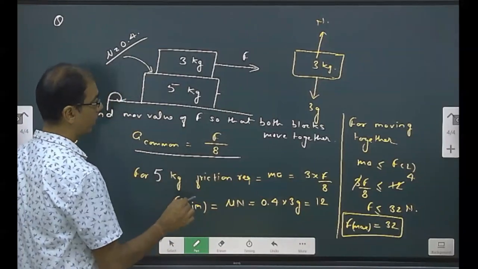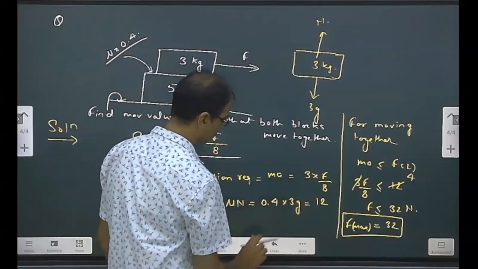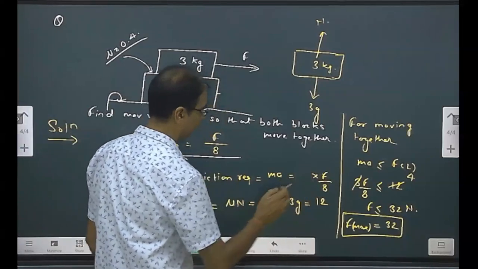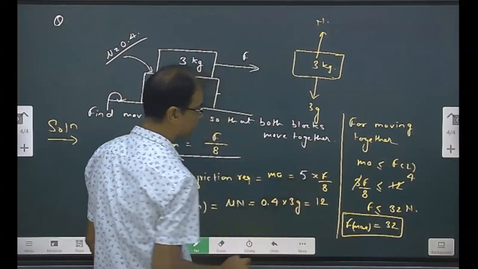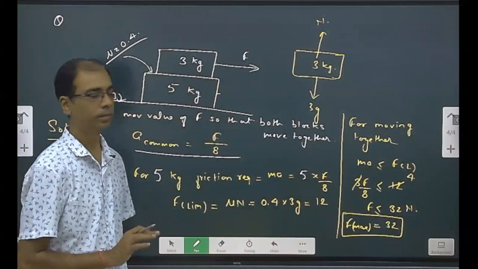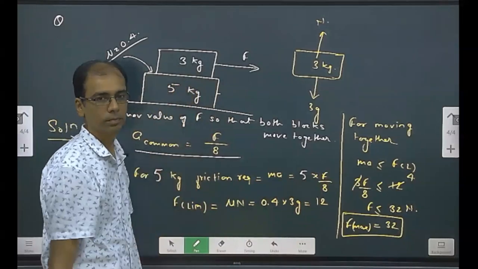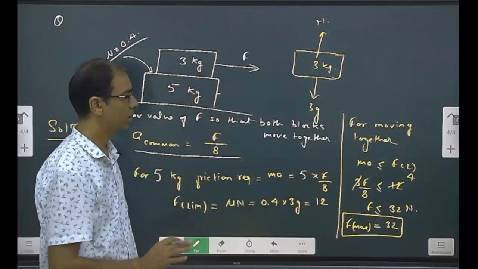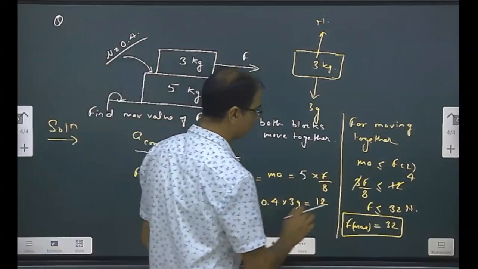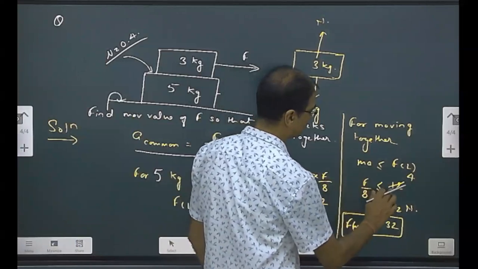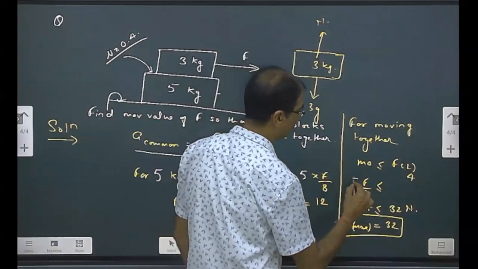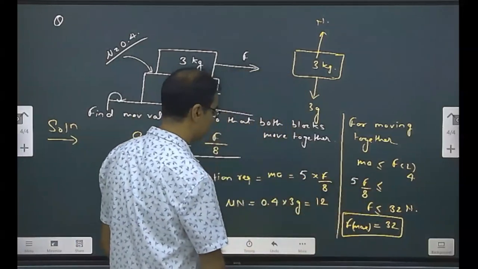So friction required is 5 into F by 18. So this 3 is not required, it will be 5. Limiting friction, same, because this is between these two. So no change as far as limiting is concerned. So there, M into A, this will change, only this will be 5F by 18 and nothing else. Everything else is same. And that side is 12 still.